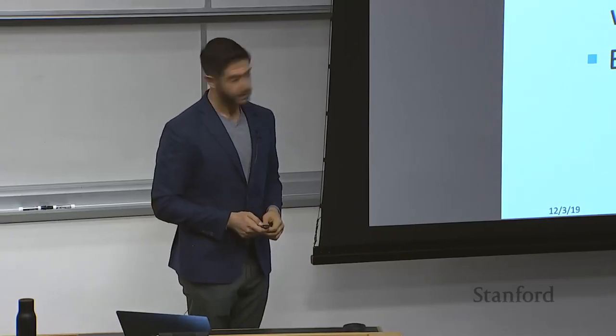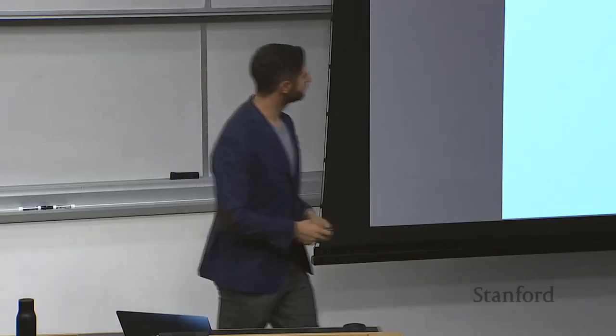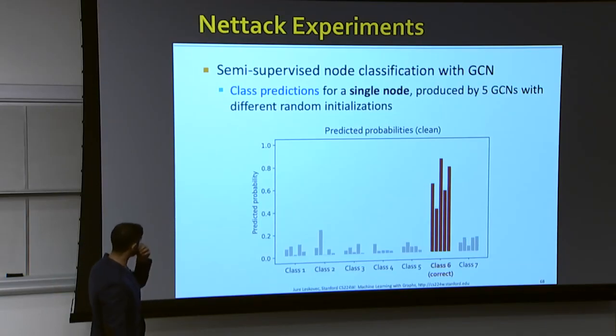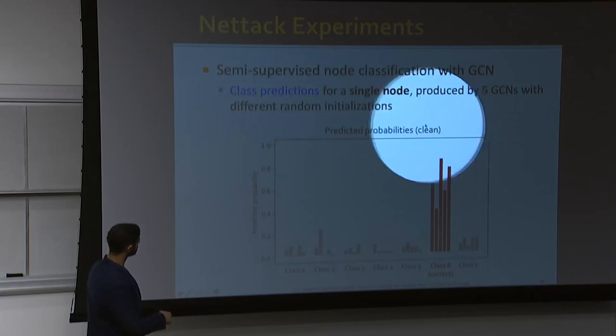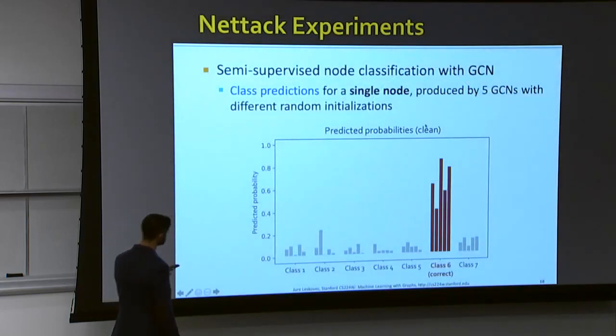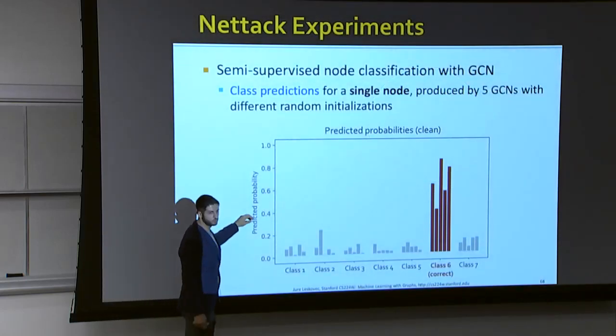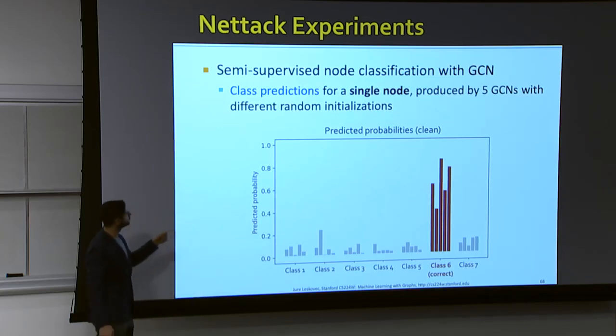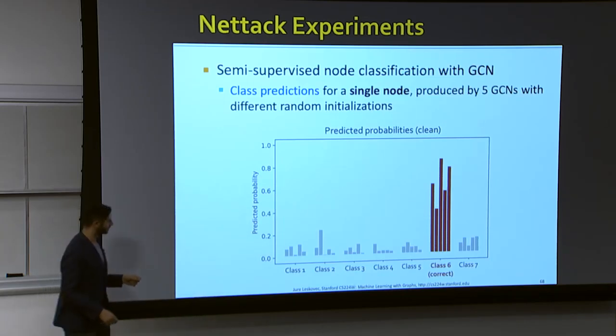Okay, so let's go through just a few examples so that I convince you how this is working. Back in our semi-supervised node classification setting, in this plot you can see the class predictions for a single node, produced by 5 different GCNs with slightly different random initializations.